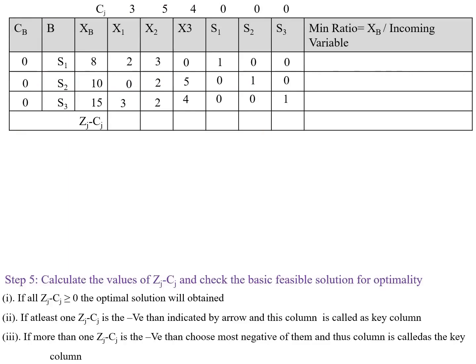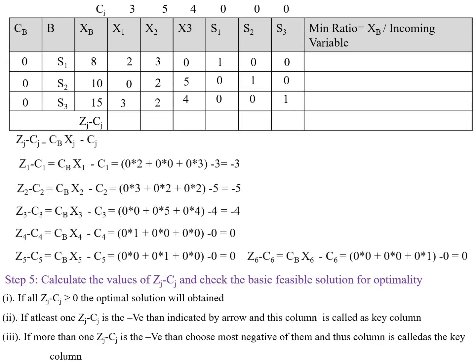Next step is to calculate the values of Zj minus Cj and check the basic feasible solution for optimality. So first calculate Zj minus Cj. Zj minus Cj equals CB xj minus Cj.